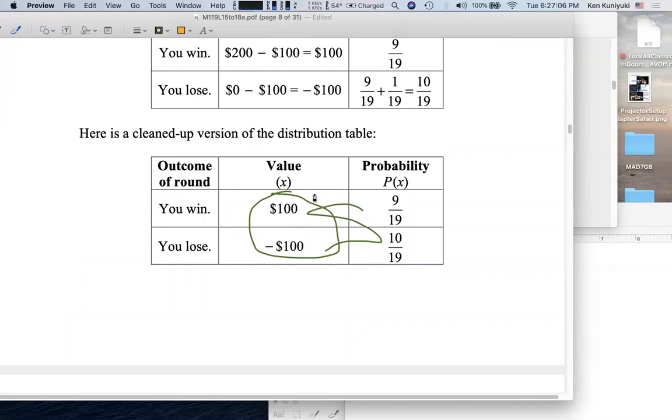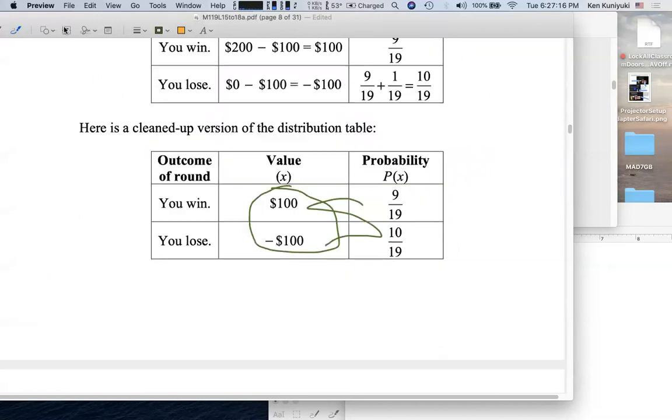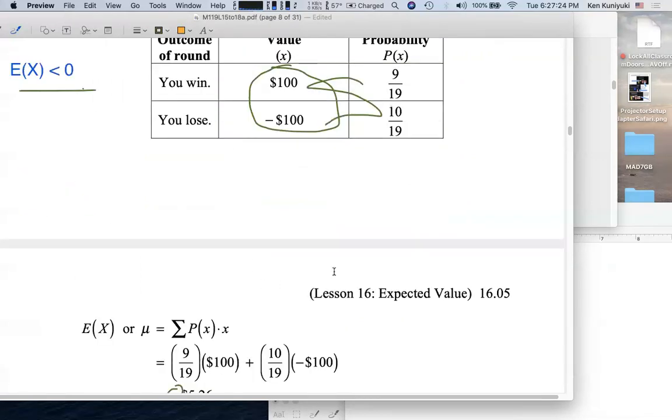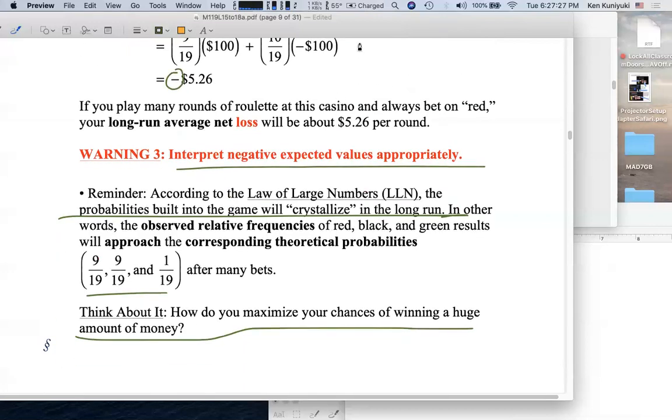If E of X is negative, this is not a game you should be playing in the long run. You should not be playing casino games in the long run. You should not be a gambling addict because the payoff structure forces E of X to be negative, where X is the player's gain. So in the long run, casino games hurt you financially. That's the key lesson here.